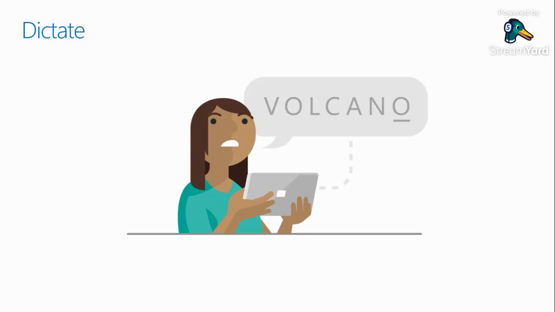I know there are so many students who simply seize up when asked to write something. But when you ask them to tell you their ideas, they have no problem. From dictate on the home ribbon in Word to using Windows speech recognition across your whole device, you now have an integrated free system that supports learning and is built on the same AI voice recognition that I'm going to show you next in Microsoft Translator.